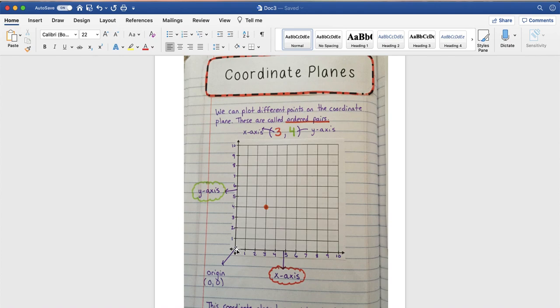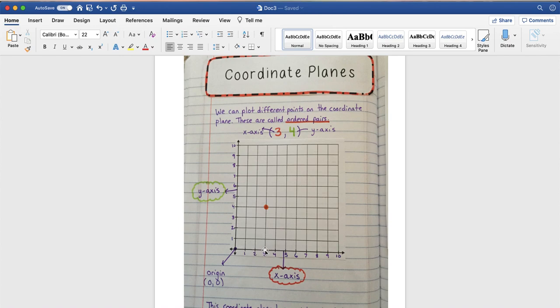When we need to find directions to another point, we always are finding directions from our origin, or our home base. So as you can see over here, in order for me to find my directions to this point, I need to start off from here. So let's see how far I need to run. 1, 2, 3.